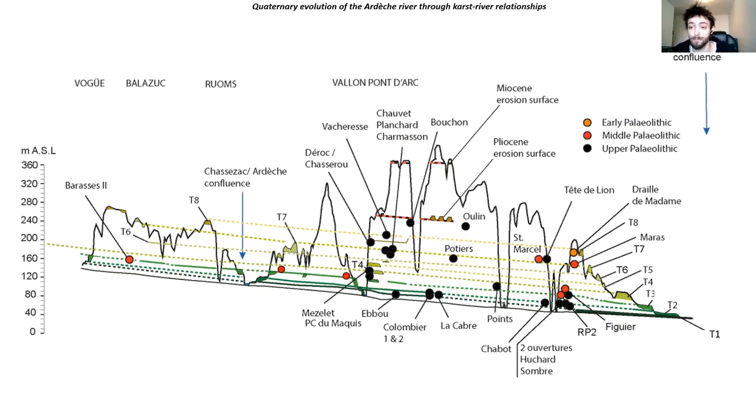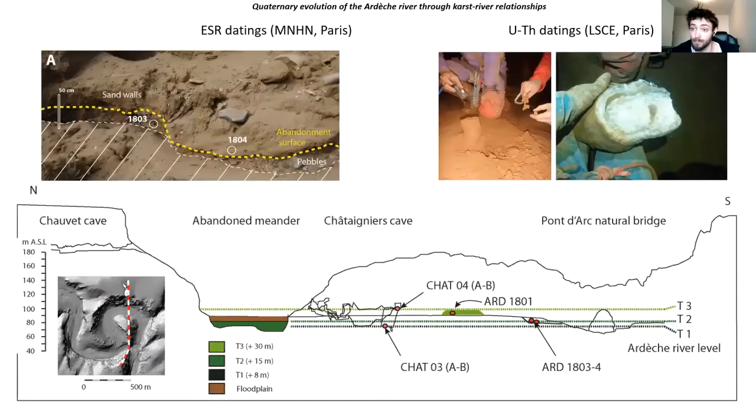And with this model, in fact, we did the second part of this work, which was the absolute dating. We did two kinds of absolute dating: electron spin resonance burial dating in fluvial sediments, and uranium-thorium dating on some speleothems and flowstones that we discovered inside the cave systems.